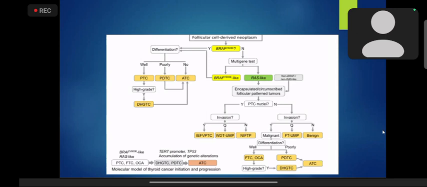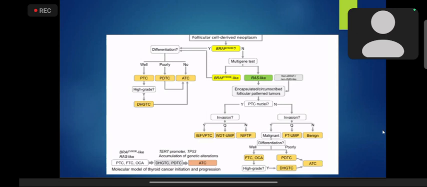And are there any guidelines on poorly differentiated? Exactly, there are no separate guidelines.